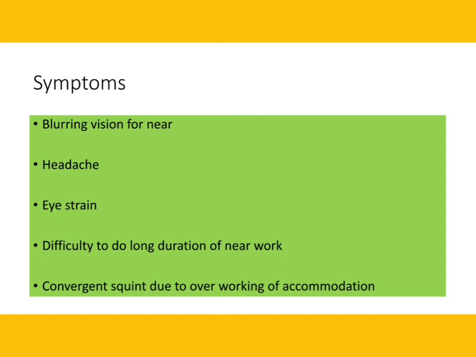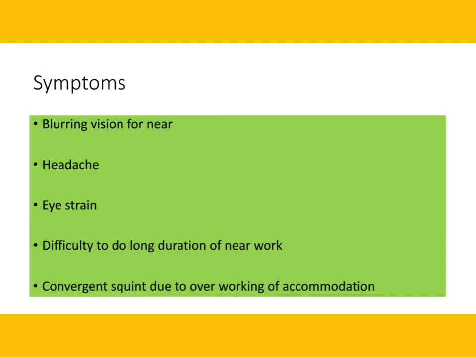And we also know that there is an interrelation between accommodation and convergence with the help of the AC by A ratio. Remember this: each diopter of accommodation leads to 4 to 5 prism diopter of convergence. Normally when a person does near work like reading a newspaper or a book, with 3 diopter of accommodation he has 12 prism diopter of convergence.